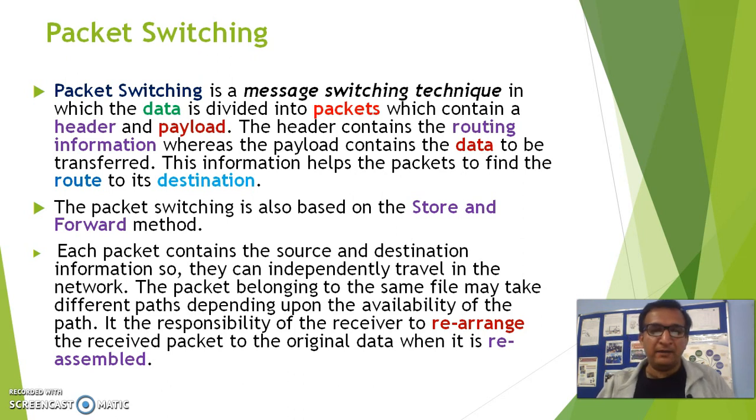Each packet contains the source and destination information, so they can independently travel in the network. Packets belonging to the same file may take different paths depending upon the availability of the path.